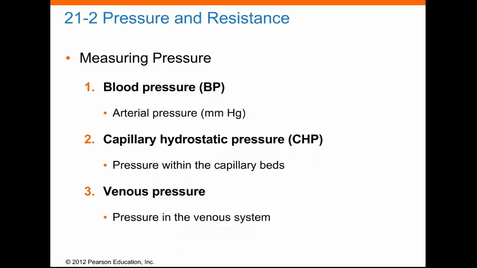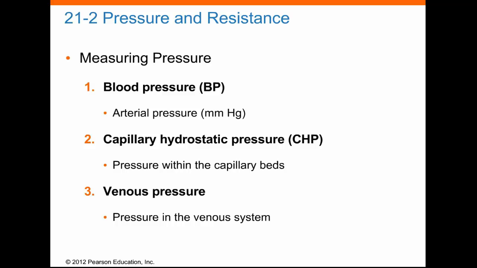Then we undo the little cuff tap very slowly, carefully. That's the tricky bit. And then listen very carefully with our stethoscope. And when we hear the very first beat of the heart coming through, the first squirt of blood that's coming through, that is equivalent to the arterial pressure, measured in millimeters of mercury.